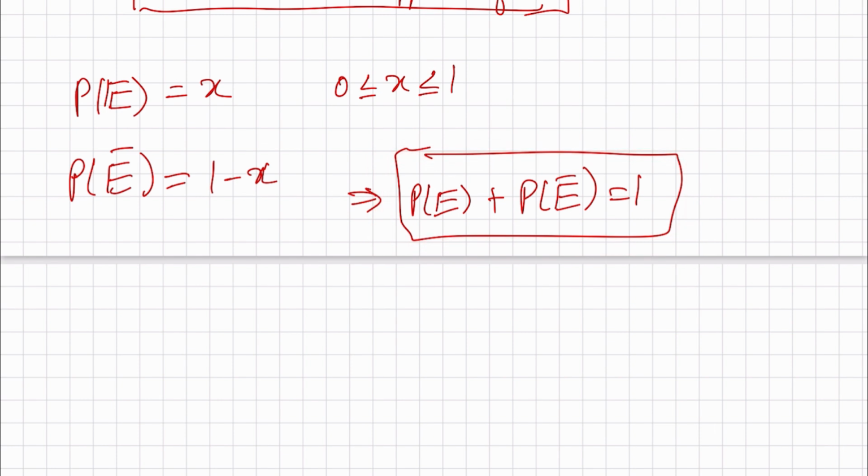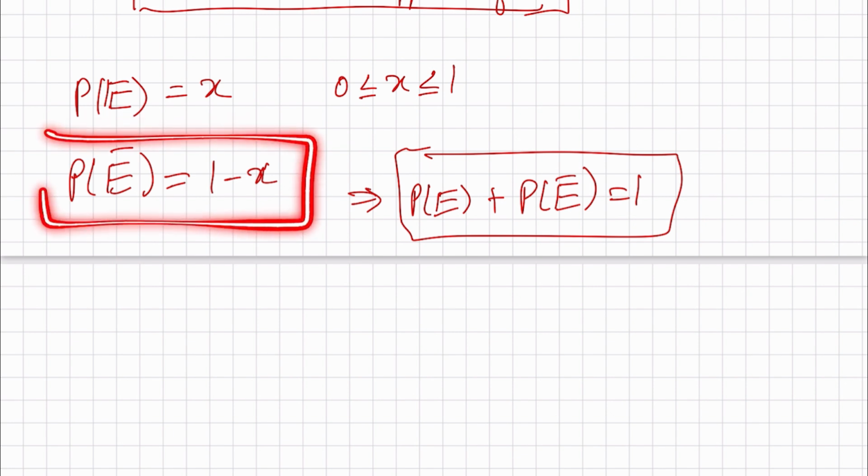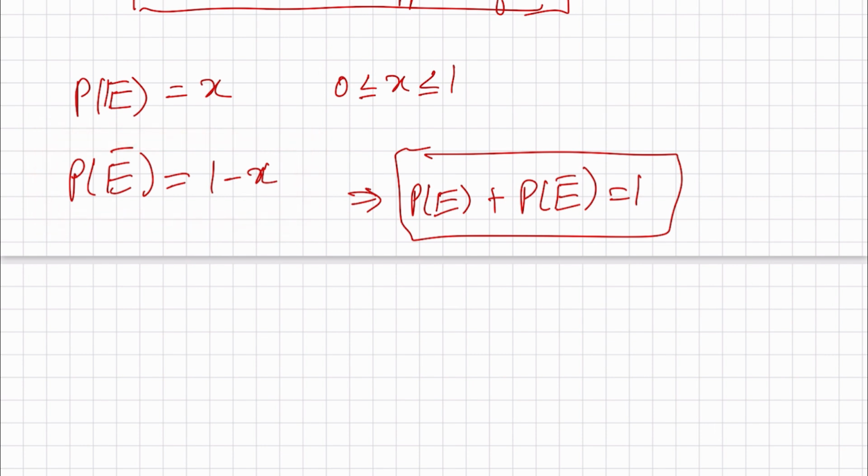Okay, so this is a simple formulation, and we can use it a lot of times. And how we use it is basically like this. Sometimes it's harder to compute, let's say, the probability of event E, so we would just compute the probability of the event not happening, and then use this relation to compute the probability of the event happening. What I mean to say is, if you can compute the probability of event E bar because it's easier, then you can compute the probability of event E like this.